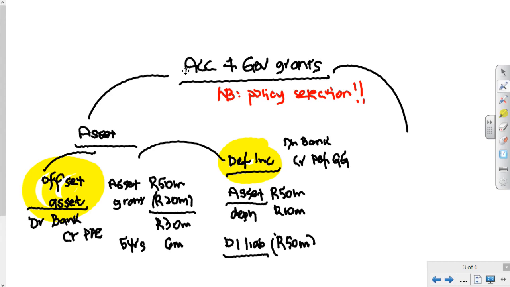So this liability will also be recognized over the life of the asset, and every year we will recognize a credit of 10 million. No, the liability wasn't 50. That wasn't very clever. What was the grant? 20 million. Divided by 5 years, 4 million.